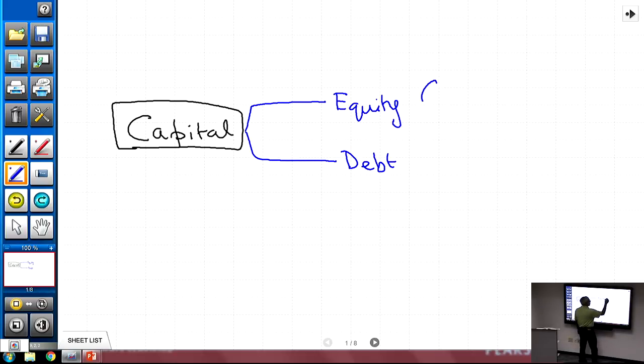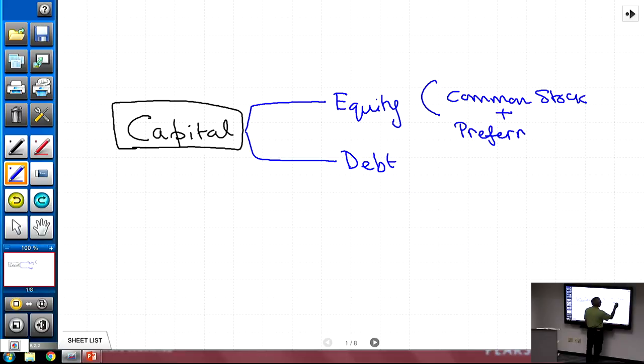And then within equity, there could be two sub-sources, common stock and preferred stock.